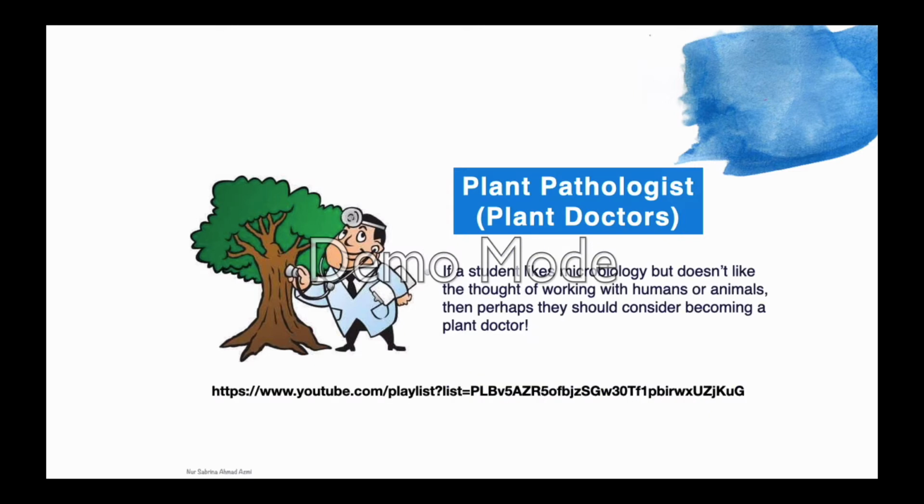So, if you like microbiology, if you want to be a doctor and you love to learn about pathogens, disease, and so on, but you don't like the thought of working with humans or animals, because for example in humans you need to deal with patient complaints and a lot of attitudes and behavior. Or in animals and also in humans there are ethical issues that you need to consider when you give, for example, new drugs or new medicine.